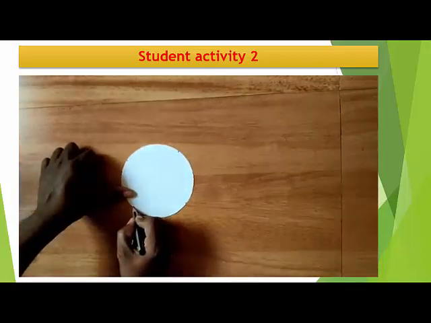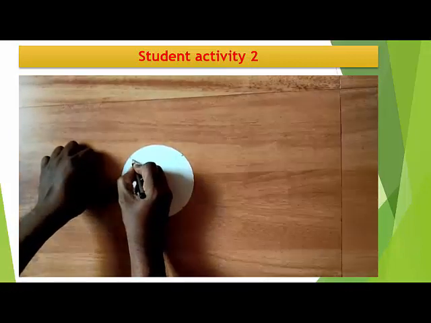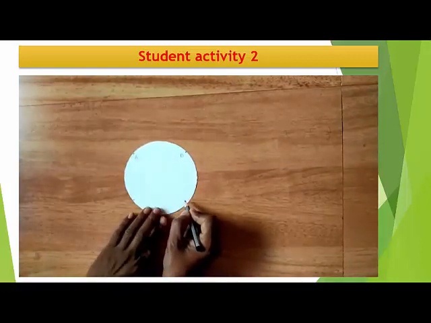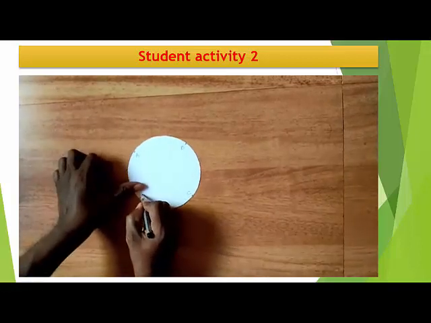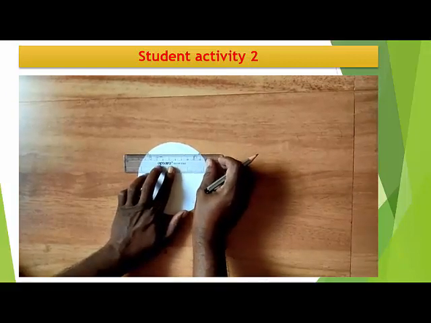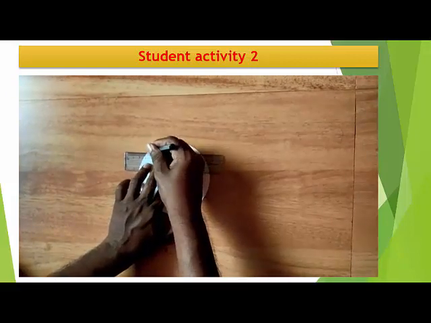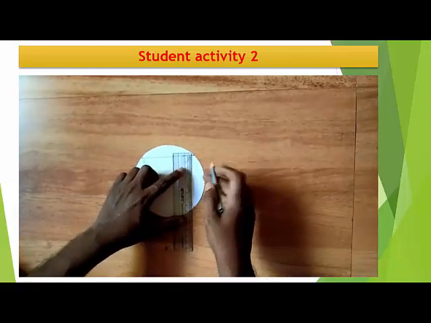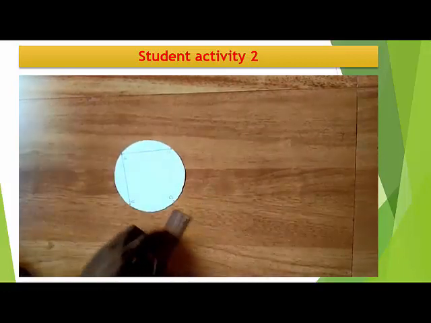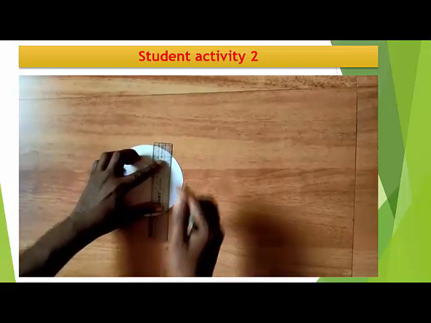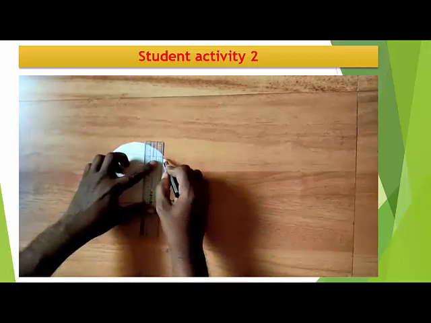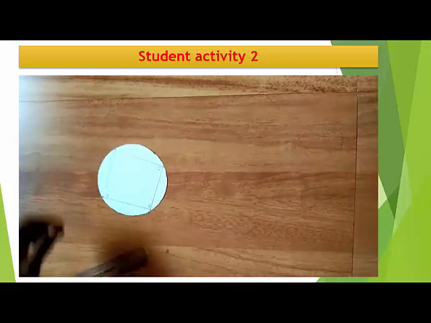Name them A, B, C and D. By using a scale, join these vertices: A and B, B and C, C and D, and lastly D and A. You get here one quadrilateral.